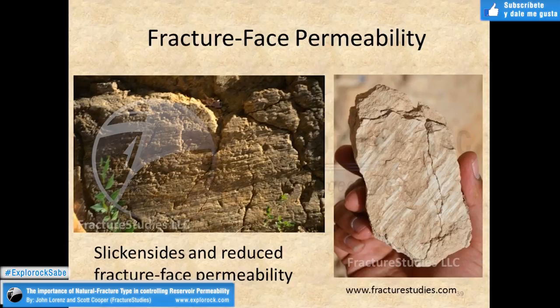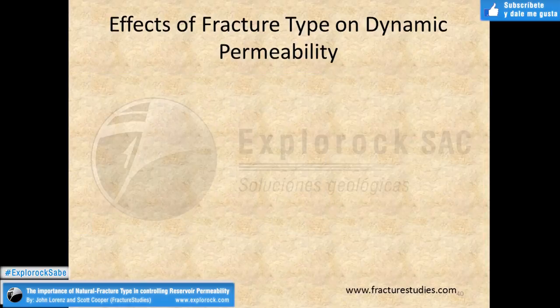So if you look at the difference between an extension fracture, this fracture here, which tends to be aligned with the maximum compressive stress, and a shear fracture, which will be oblique to the maximum compressive stress, the importance there is that once you start changing the pore pressure within the fracture, you can create a system where you've got shear along this fracture and minor collapse along this fracture.